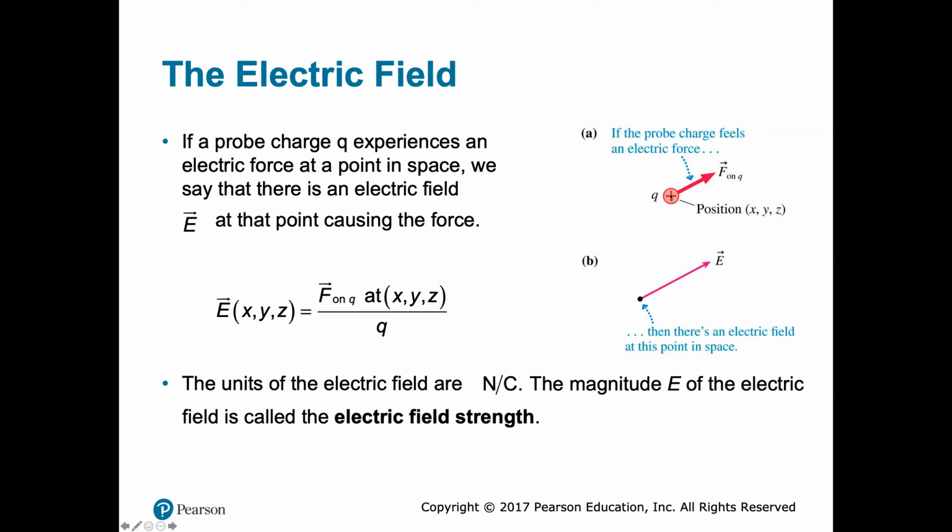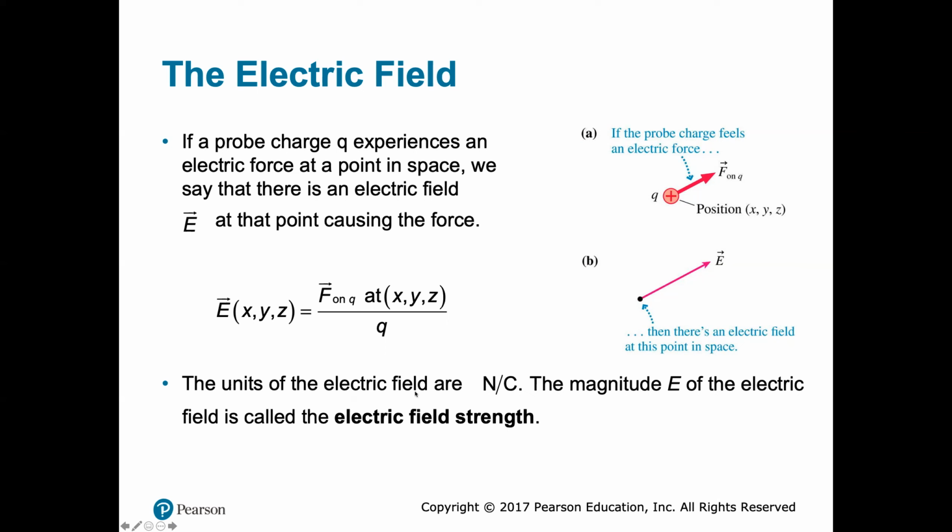So if we have a Q here and it has a force in this direction, we will say at this point we have electric field E in this direction. And E can be calculated by F over Q. E is a vector, F is also a vector, force is a vector, it has a direction. So E has the same direction as the force if your Q is a probe charge, meaning a positive charge.